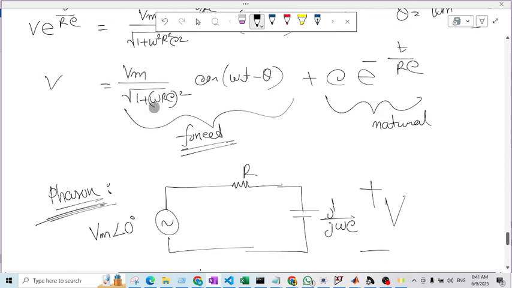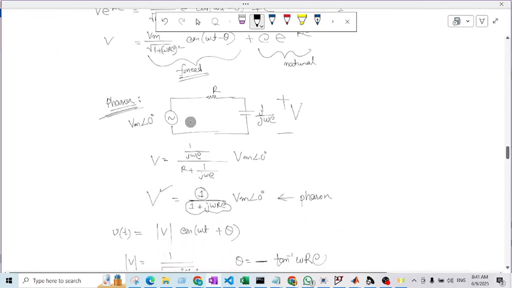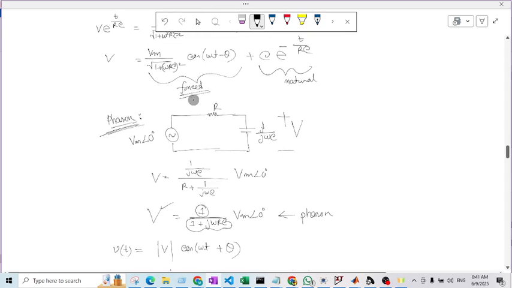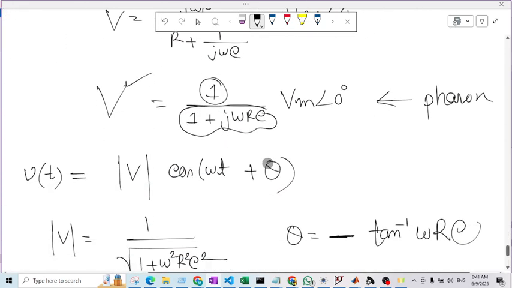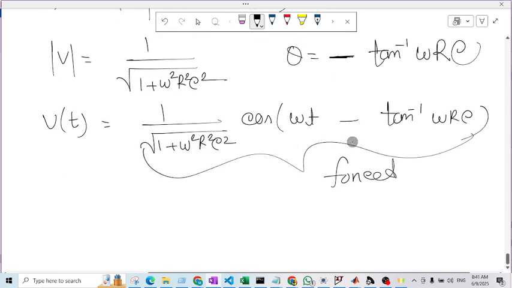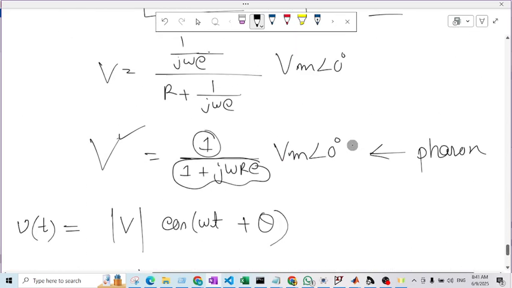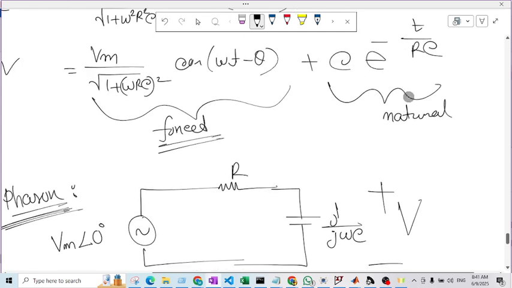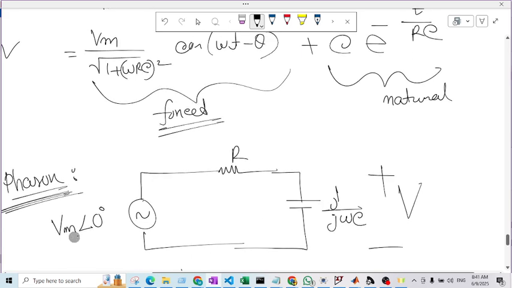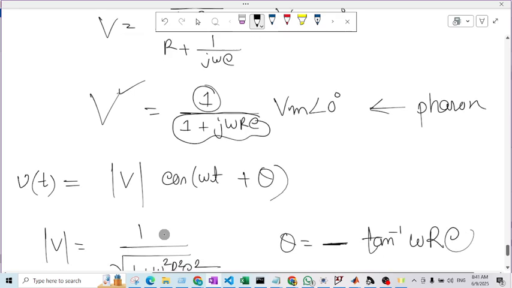Let me zoom out this thing. Okay, so this is simply equal to this, right? And then we need to find the natural response, and to find the natural response we have to shut off this voltage source.